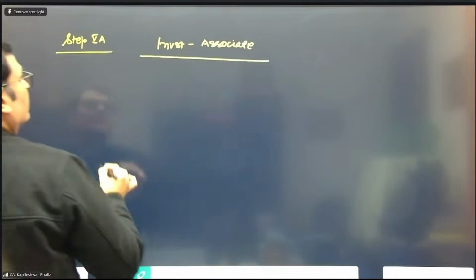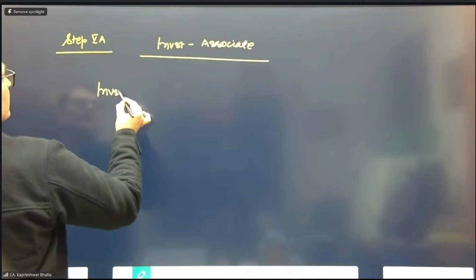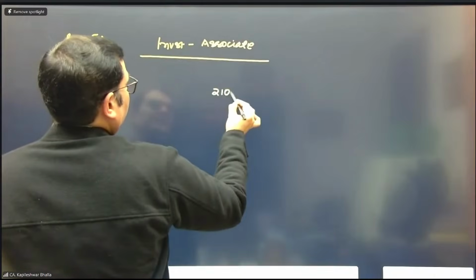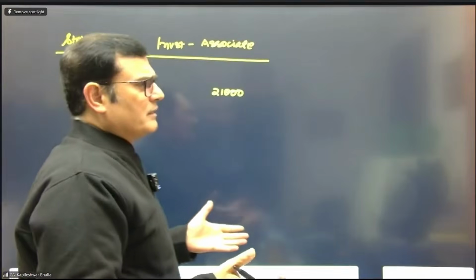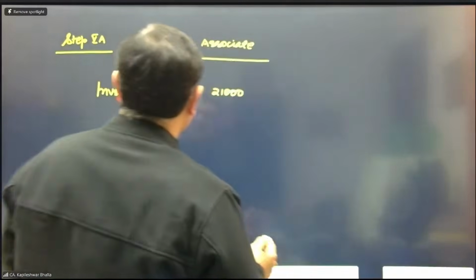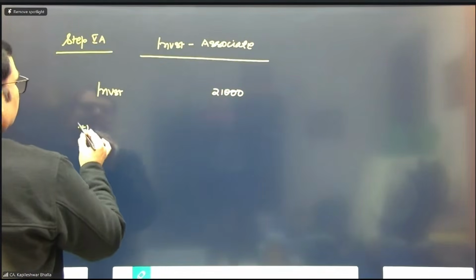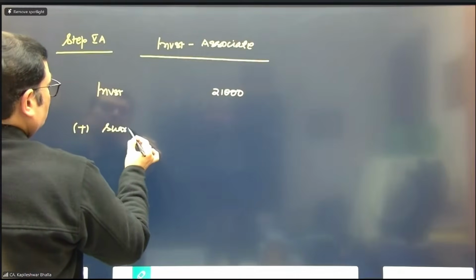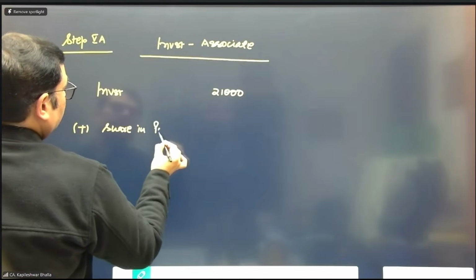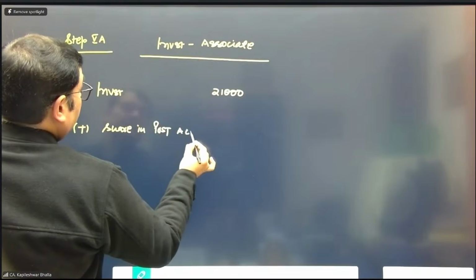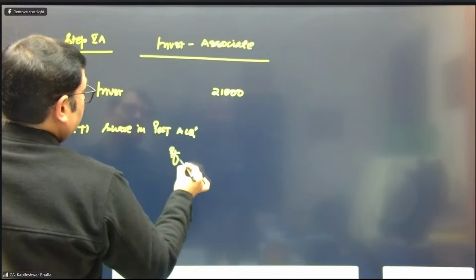So for the investment in associate, we take the investment 21,000 as a base. I guess there are no adjustments given in this case. So the only thing to be taken is the post-acquisition profits. So we can just add the share in post-acquisition profits. The associate company earned a profit.